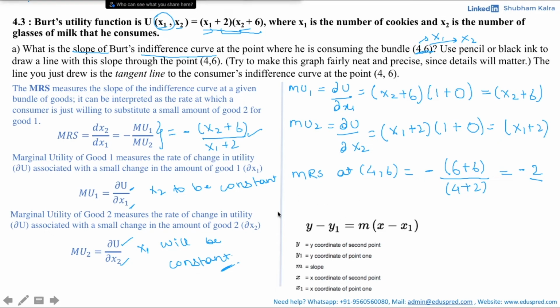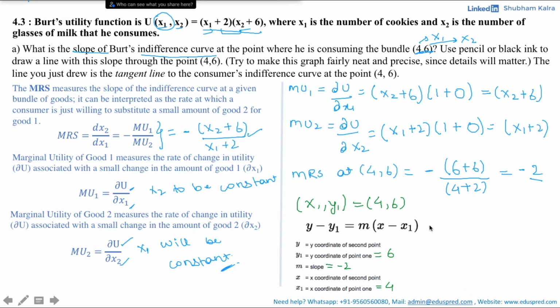Here, in our case, your slope or m is equal to minus 2. We have the line passing through the point 4, 6, which gives us the point x1, y1 equal to 4, 6. Thus, your x1 is 4 and y1 is 6. Now, all you have to do is substitute these values into this equation and you would be able to get your equation of a line passing through one point and having a given slope.